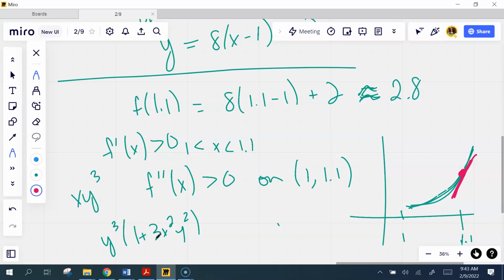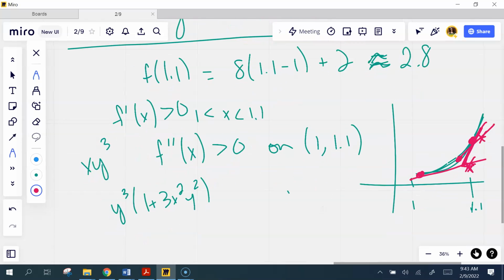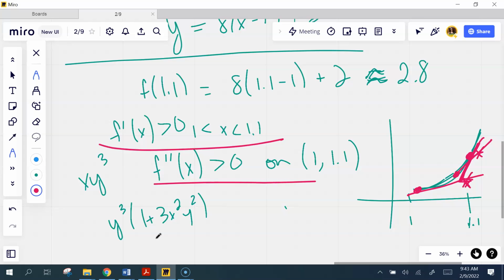This tan line was written for 1, but I used it to estimate this value at 1.1. Well, if I use it to estimate this value, it's below the curve right there, right? And in fact, no matter where I go, if I estimate a future point, it's always going to be below the curve. So the value is going to be less than what it actually is. So you can say, therefore, it's below because of the first and second derivative test.